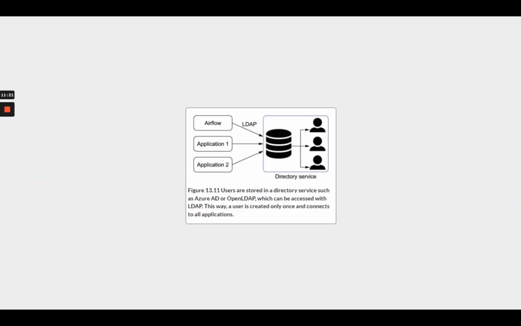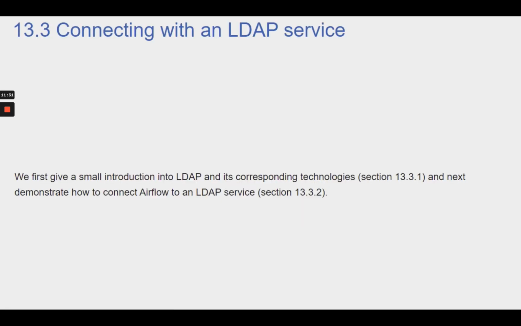When Airflow is connected to an LDAP service, user information is fetched from the LDAP service in the background upon logging in. Figure 13.11. We first give a small introduction into LDAP and its corresponding technologies, section 13.3.1, and next demonstrate how to connect Airflow to an LDAP service, section 13.3.2.